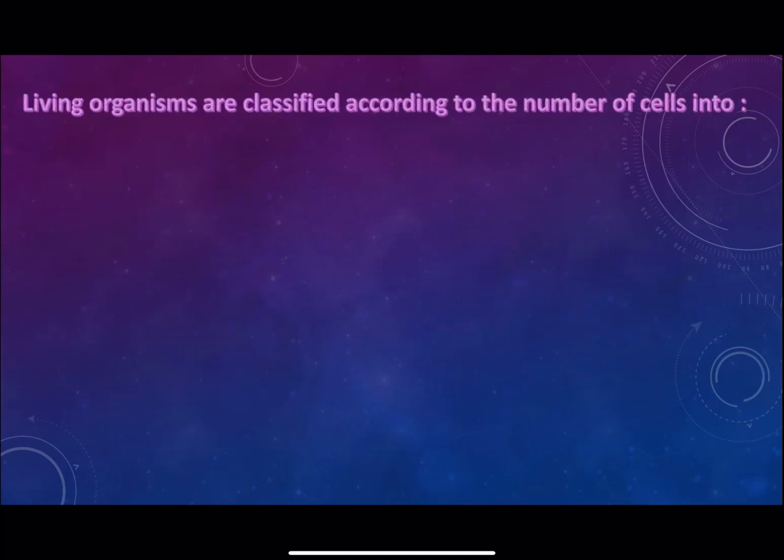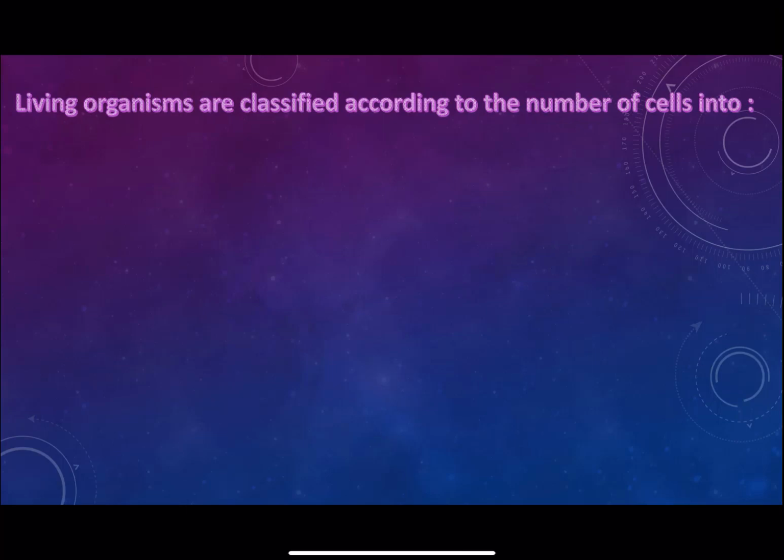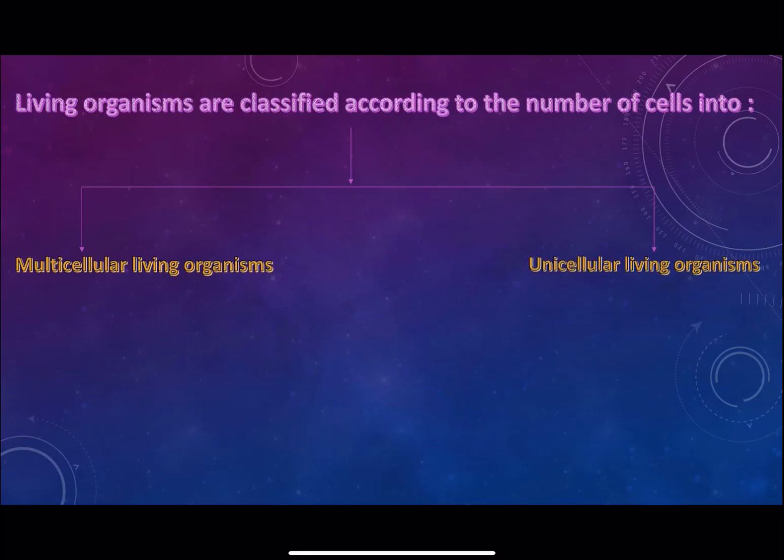So now we will classify the living organisms into two kinds, according to the number of cells inside them. The first kind is called the multicellular living organisms. And the second kind, unicellular living organisms.